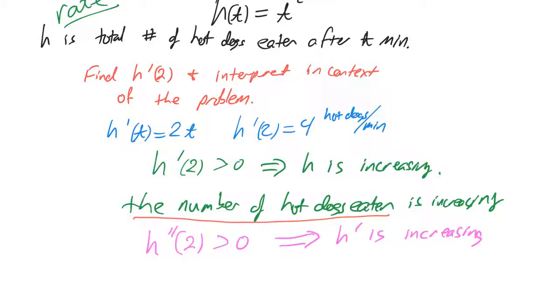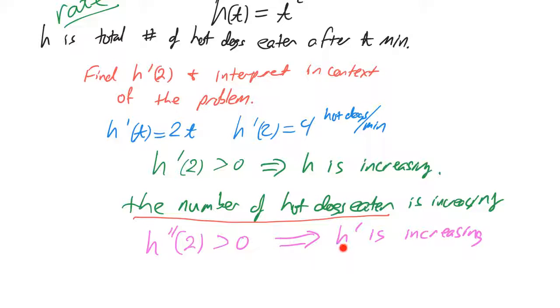Agreed? If the second derivative is positive, then the first derivative is increasing. And so we're going to follow the exact same plan that we did here. We said h is increasing, and then we just replaced h with what the words are that mean h.